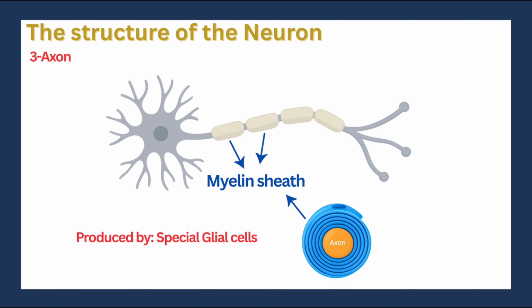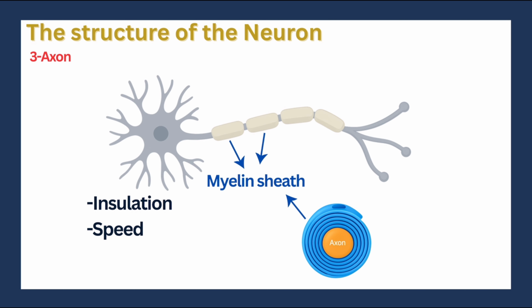Their function isn't to transmit signals, but to help and nourish the neurons. The function of the myelin sheath is insulation. It prevents electrical signals from leaking through the axon. Also, it increases the speed of the signal, and myelinated neurons are more efficient because they use less energy.